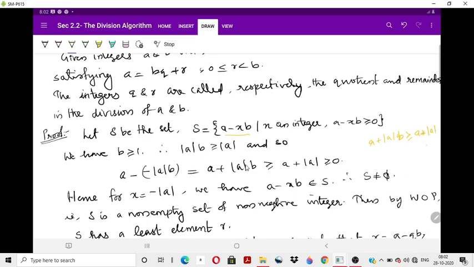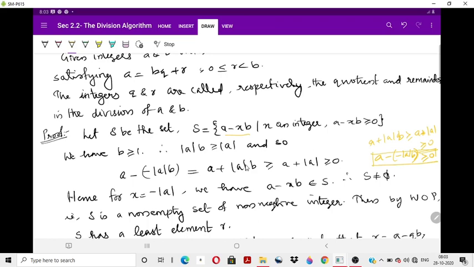And a + |a|, when a is negative this will be 0, and when a is positive this will be equal to 2a, so in general it is greater than or equal to 0. So what we obtained is that the element a + |a|b is greater than or equal to 0.